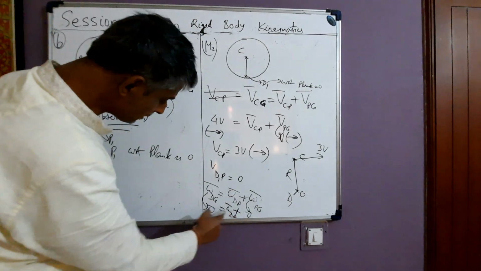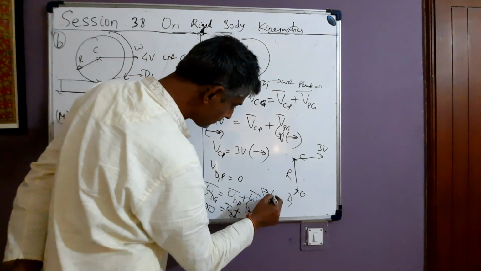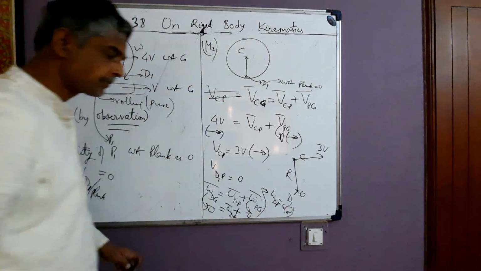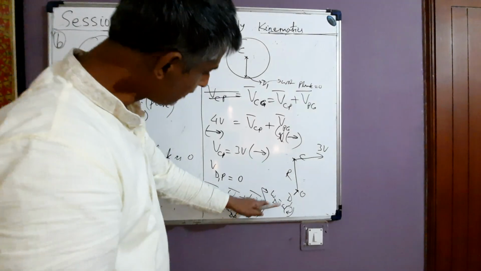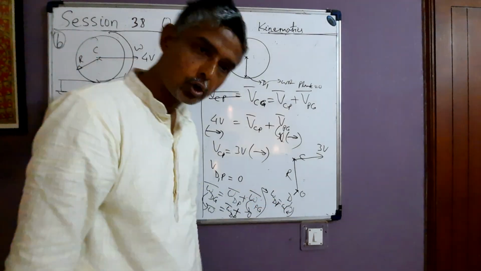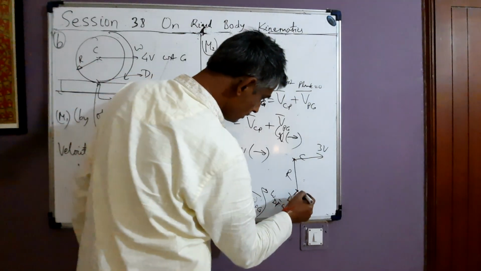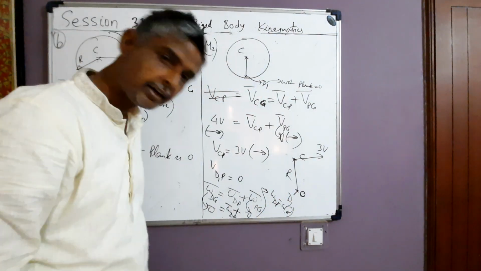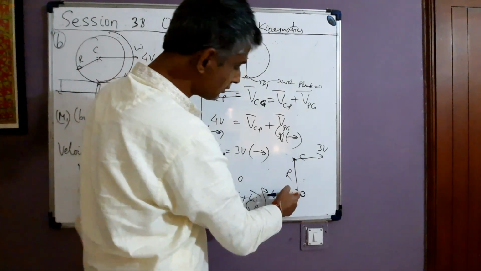So omega of drum with respect to plank is also omega clockwise, same as we determined in the ground frame. Now we have to determine the IC of drum with respect to plank.